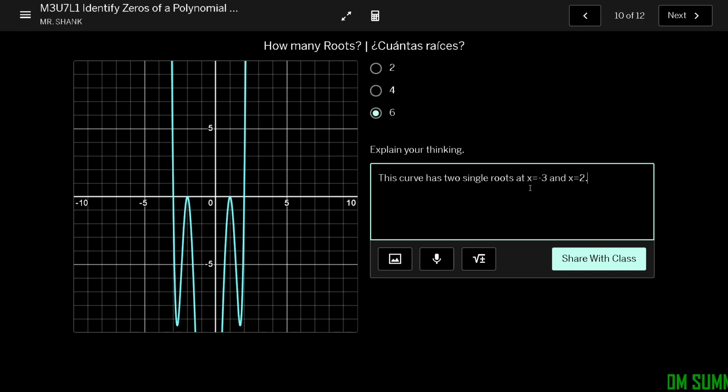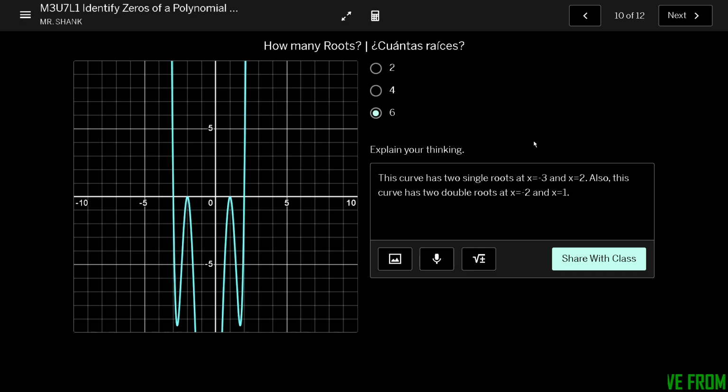And let's say also this curve has two double roots, at x equals -2 and x equals +1. Those are going to be my two places where I have double roots because it bounces off the graph. Notice how it doesn't go through the x-axis at that point, but it does go through that specific point. So I'm going to call those double roots.